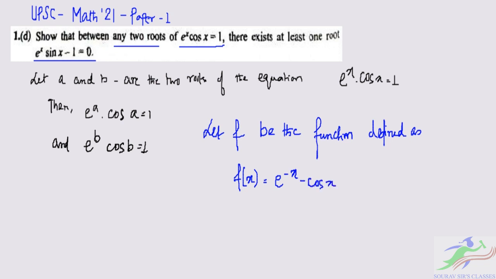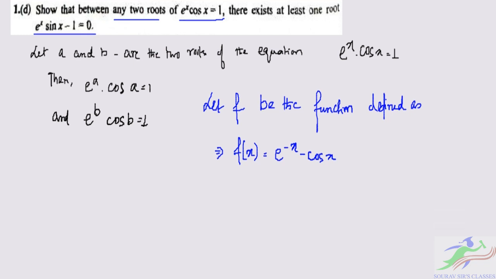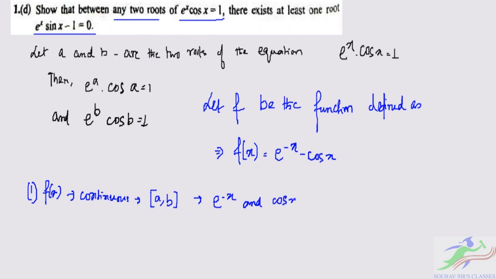From here we can see that the first observation is that f of x is continuous in the closed interval a comma b, since e to the power minus x and cos x are both continuous functions.